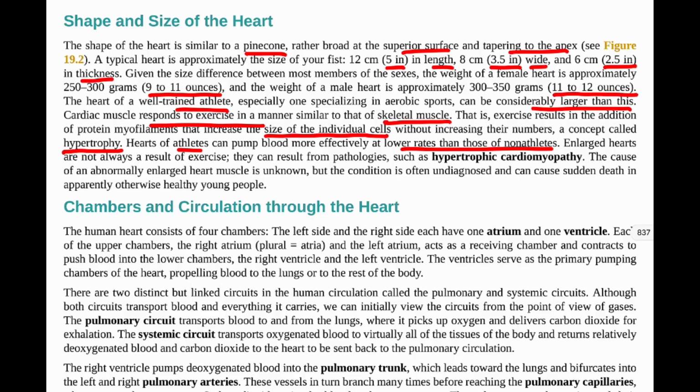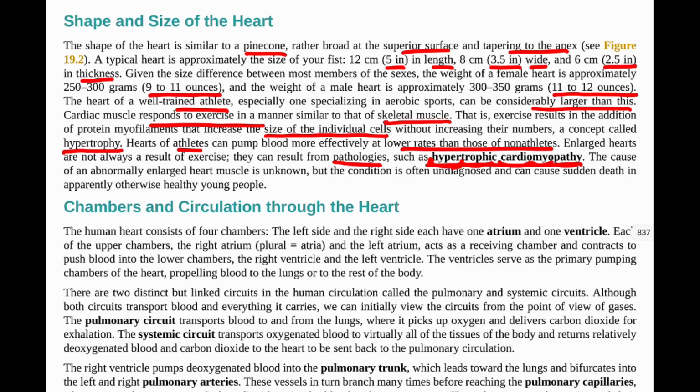Enlarged hearts are not always the result of exercise, though. They can result from pathology, so there are certain types of diseases that can cause that, such as hypertrophic cardiomyopathy. Hyper, meaning more than, and then trophic, and then cardio, relating to the heart, myo, muscle, pathy. So we see this enlargement of the heart muscles.